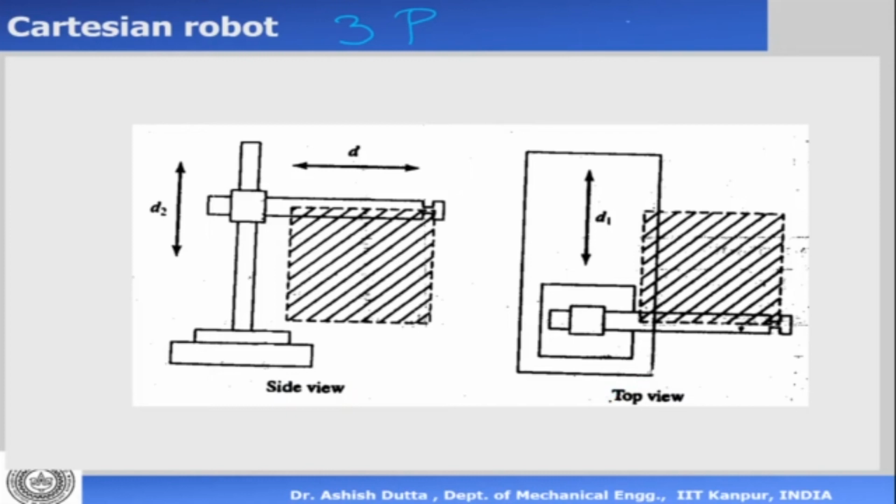That means it moves in a straight line motion at the joints because they are P joints. So what we can see here is that there are 3 degrees of freedom and 3 P joints. This is my D1, which is the first degree of freedom. D2 is this one, and D3 is this one. So these are 3 translations which it can do.